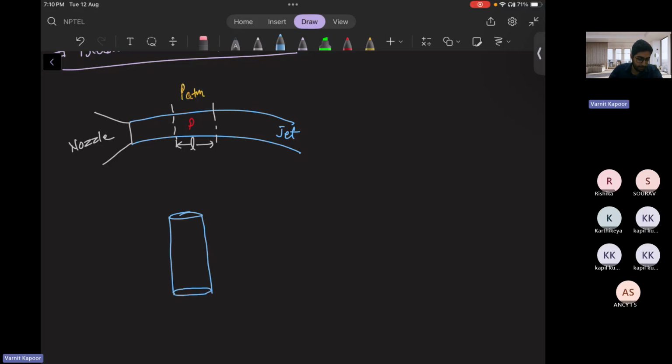This is the section of length L which I have taken out. Eventually, P atmosphere is acting from outside.